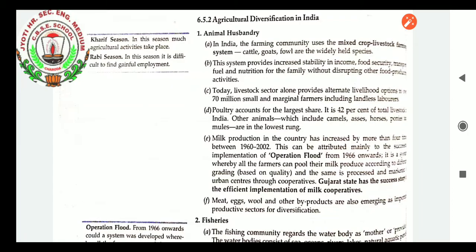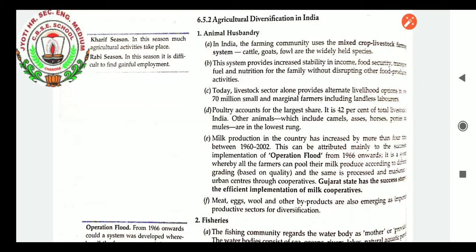Agriculture diversification in India. People think that agriculture can be diversified into other fields and areas also, for example, animal husbandry. In India, the farming community uses the mixed crop livestock farming system. Cattle, goats, fowl are the widely held species, which is known as animal husbandry.